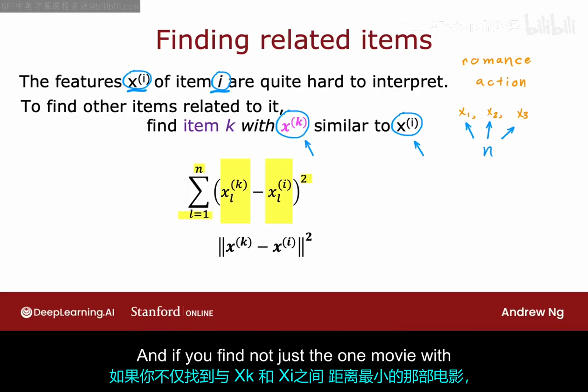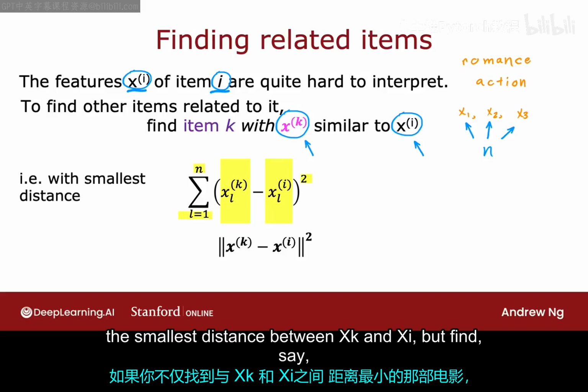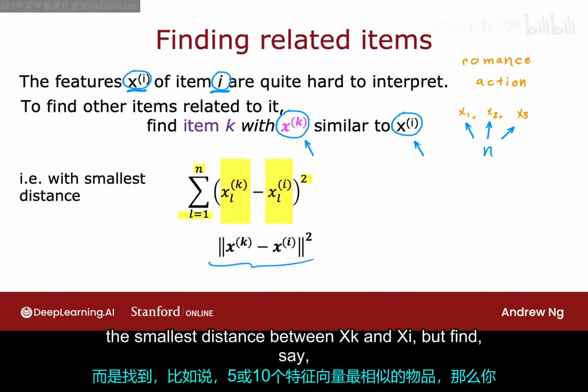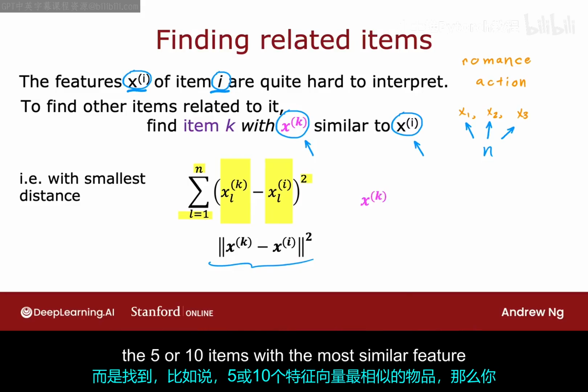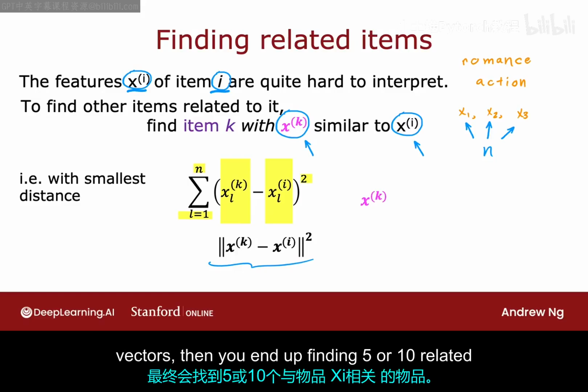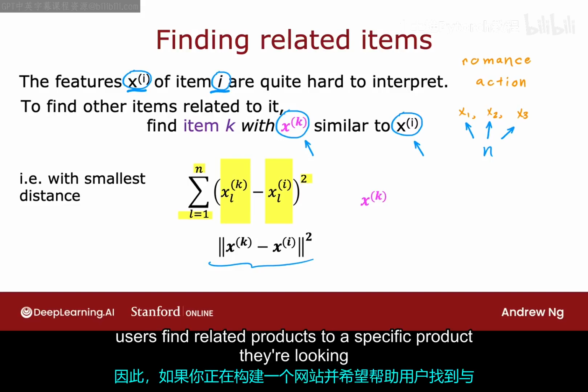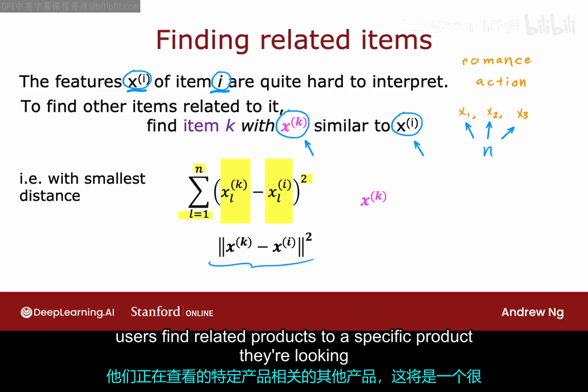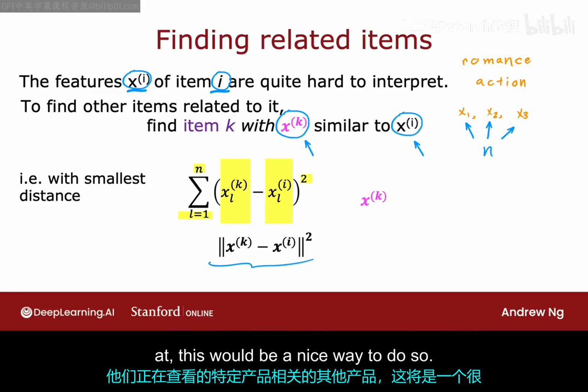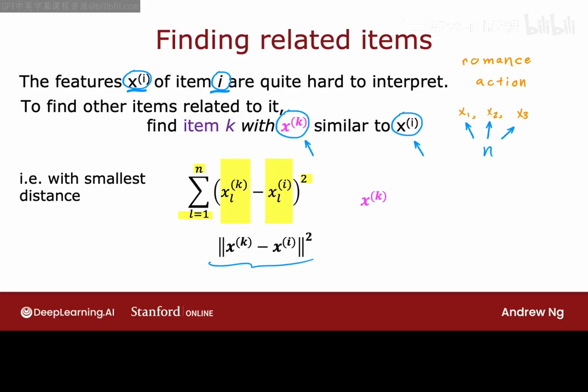And if you find not just the one movie with the smallest distance between xk and xi, but find, say, the 5 or 10 items with the most similar feature vectors, then you end up finding 5 or 10 related items to the item xi. So if you're building a website and want to help users find related products to a specific product they're looking at, this would be a nice way to do so.